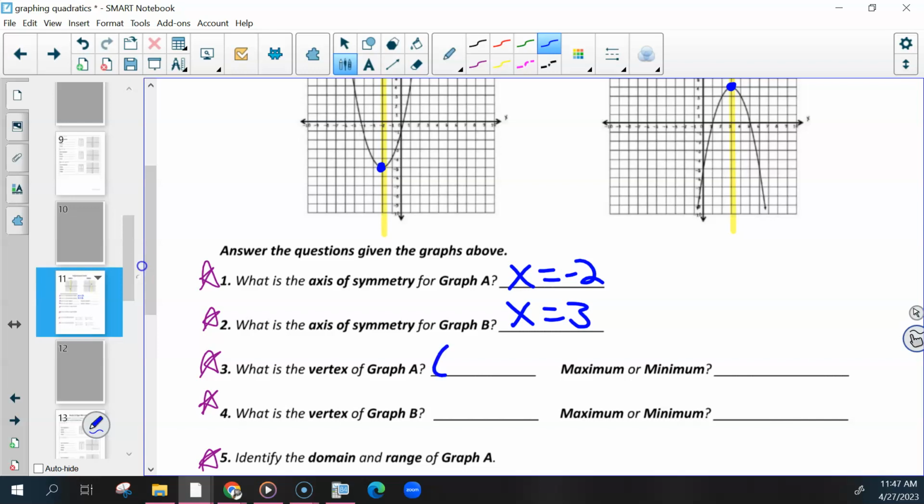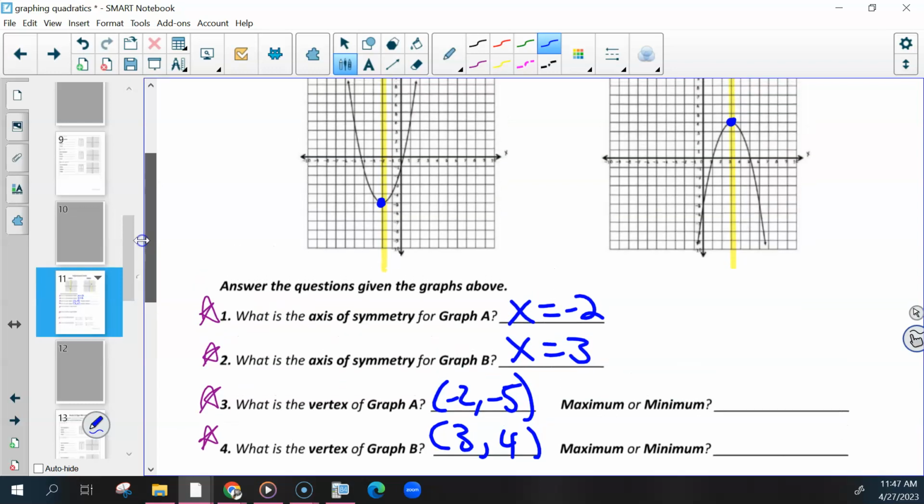Negative 2, negative 5. And the vertex for graph B? Negative 4.